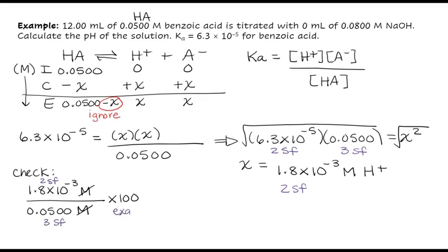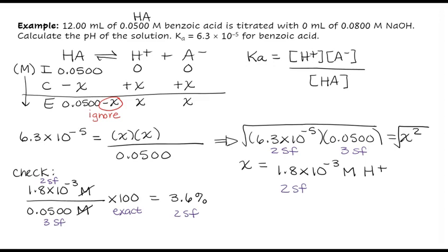The 100 is exact, and so when we do the calculation, we will end up with 2 sig figs. So doing the math, 1.8 times 10 to the negative 3 divided by 0.0500 times 100 gives us 3.6%.